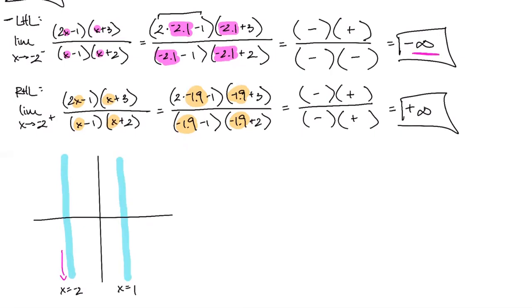That's what this minus infinity means. Then we said, well, what does it look like on the right-hand side? We picked a number to the right, we plugged it in, we found that it gets close to positive infinity. So I know that graph looks something like that. I don't know what the rest of the graph looks like, but I know those two pieces of the graph.